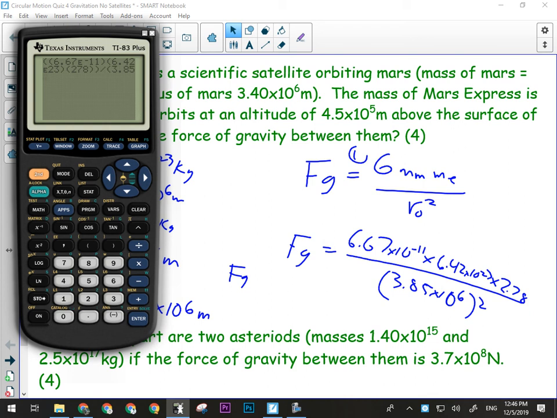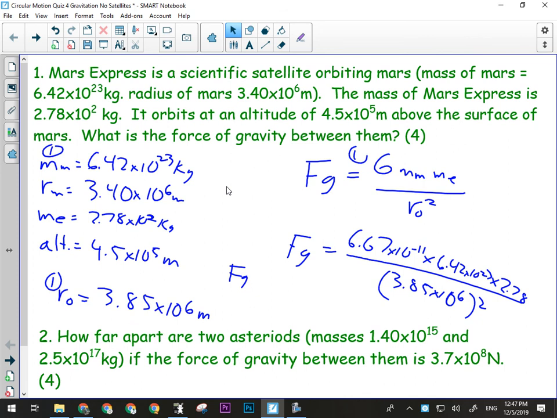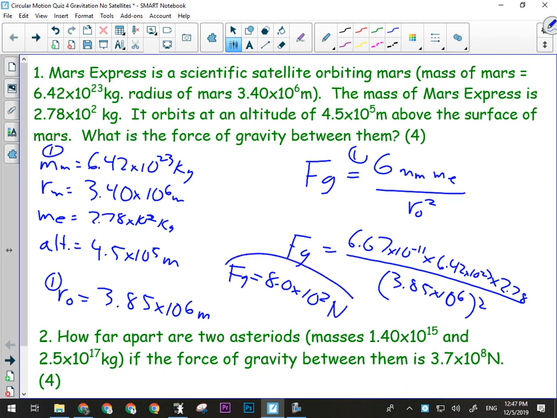So our force of gravity there should be 803 newtons, but we have only two significant figures here, so that's going to be 8.0 times 10 to the 2 newtons. Fourth and final mark for that.